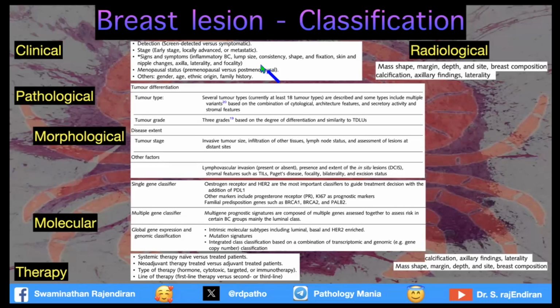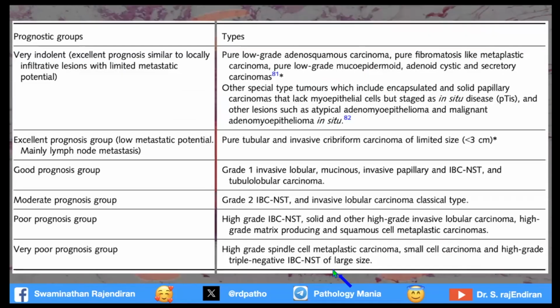For example, if you see here, systemic therapy naive versus treated patients. That's one classification. Neoadjuvant therapy treated versus adjuvant treated patients. So these are all the breast cancers, and we have to classify depending upon the type of therapy also, whether it is hormonal therapy or cytotoxic therapy or targeted or immunotherapy. So there are a lot of approaches to the classification of breast lesions.